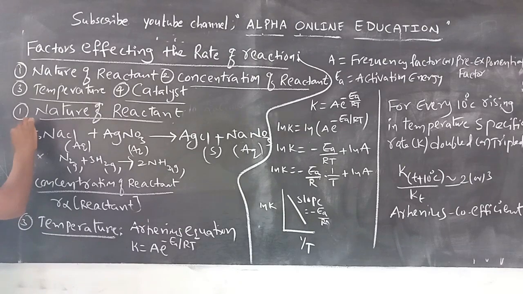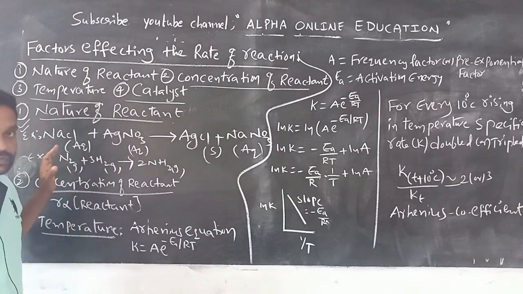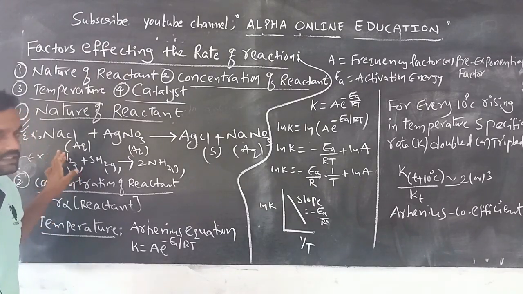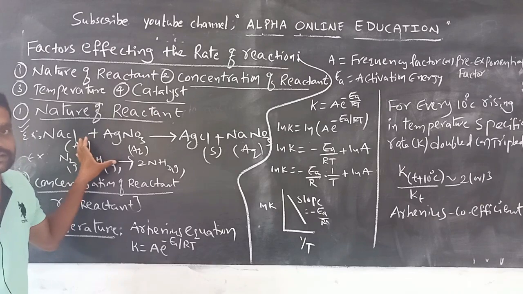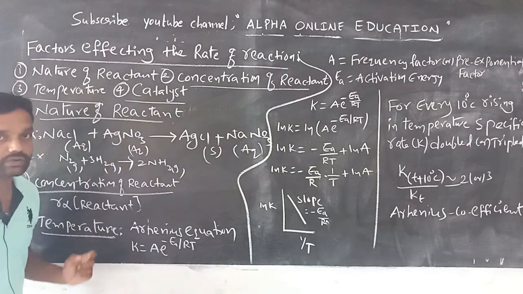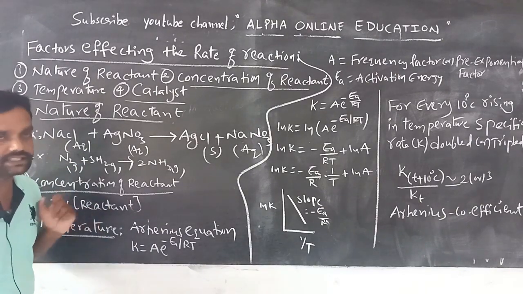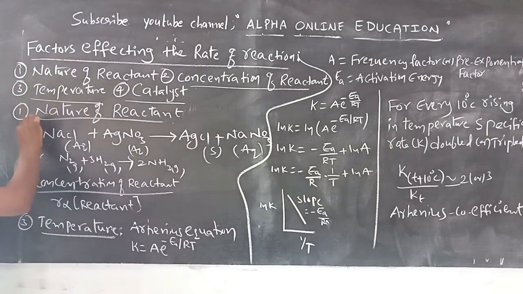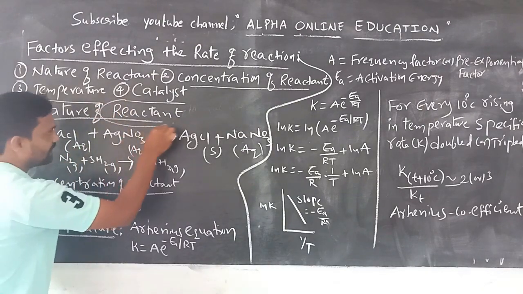In the first equation, the reactants sodium chloride and silver nitrate are ionic in nature. In the second example, nitrogen and hydrogen gases are covalent in nature.